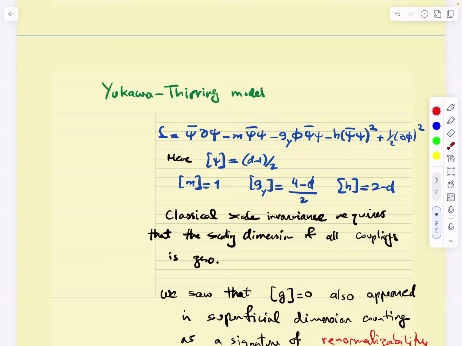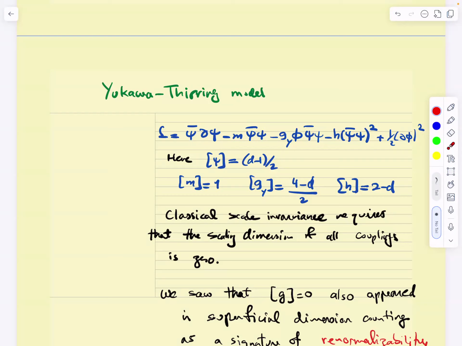We haven't discussed that in this course, but in part 1 of the course, this action classically is called the Yukawa theory model. Now, of course, the dimensionality of phi is still as before, d minus 2 over 2. The dimensionality of psi is d minus 1 over 2 because the kinetic term for psi has only one derivative. We talked about that in detail last time.